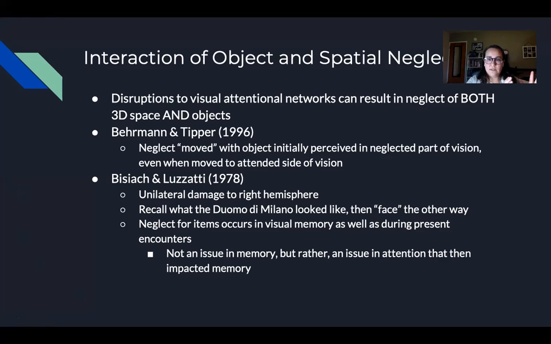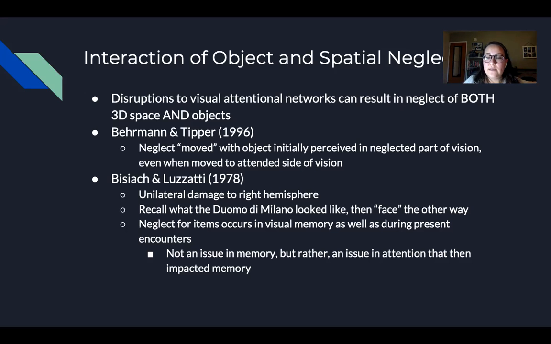So again, this is neglect of not only certain space in your visual field, but the objects that are there as well. And then finally, there's this really interesting study that came out of Italy that has to do with instances of people who have neglect of even imagined space. These researchers studied participants with neglect that had been caused by damage to the right hemisphere.